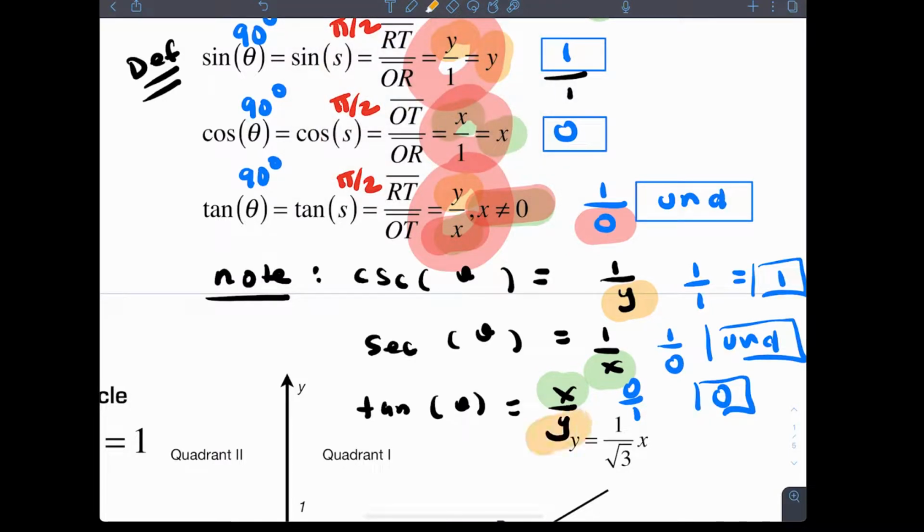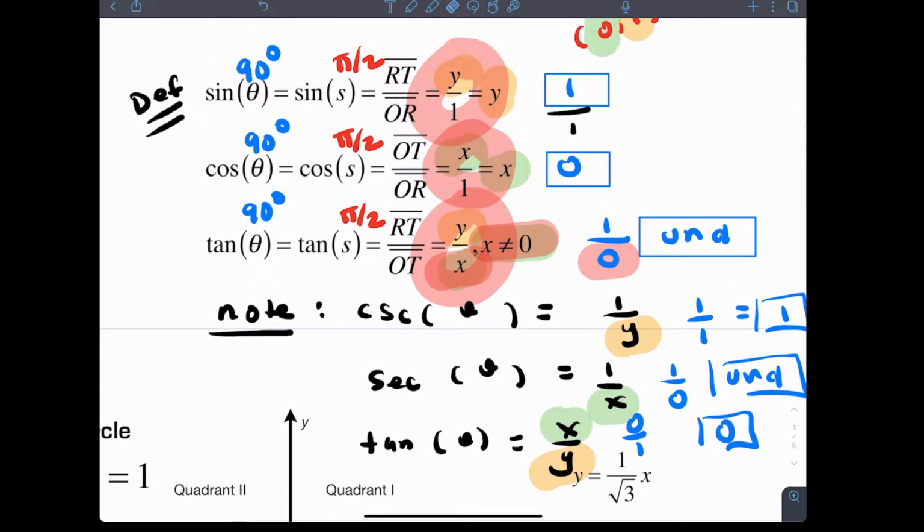Y. All right, you guys see what I'm saying? Definitions are what? Everything. Put them on flashcards. That's how you learn them.